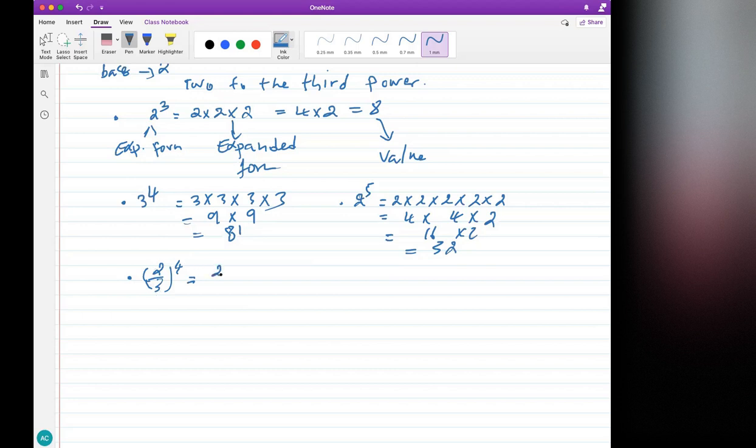You can say 2 to the fourth and 3 to the fourth, because this power 4 belongs to 2 and 3 at the same time. So when you split it, you can write each one by itself, then you expand this one. 2 times 2 times 2 times 2 would be 16. And 3 to the fourth is 81. Okay, so if the power is big, maybe 3 or 4 or 5, you can turn that into two expressions and simplify.